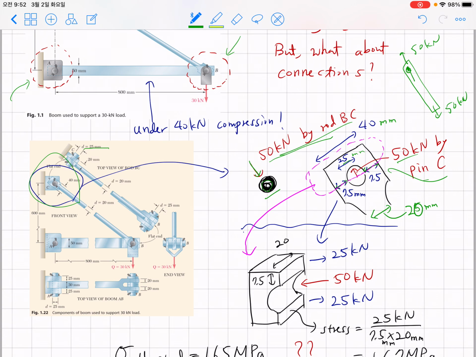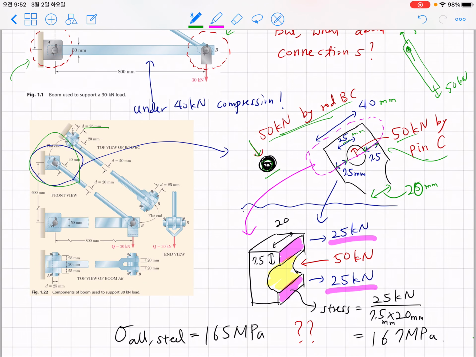What you're gonna realize is that the side surface, colored yellow, is under 50 kilonewton force, and to make mechanical equilibrium, you can expect that these two purple surfaces would be subject to 25 kilonewton forces in opposite directions, so that they balance out the force, and there is no torque acting on this free body.